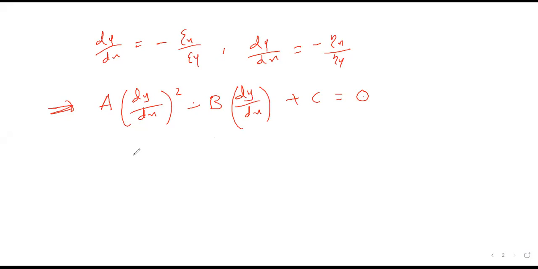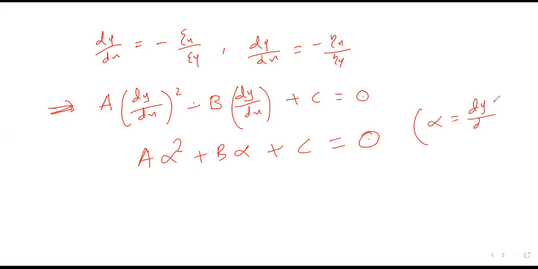So what do you think? This is like, for example, a alpha squared plus b alpha plus c is equal to 0, a simple quadratic equation. I can treat alpha as dy over dx, so we have derived a simpler quadratic equation. So what is alpha actually?